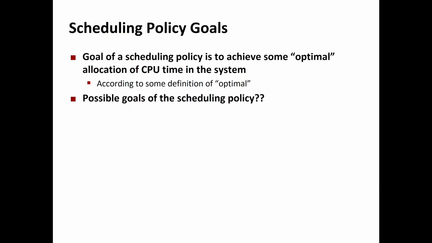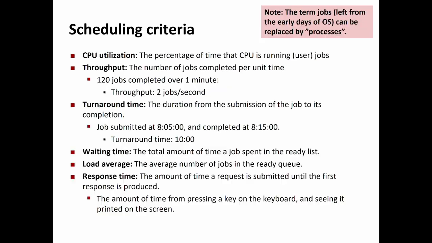Now, what are the policy goals? The goal of a scheduling policy is to achieve some kind of optimal allocation of CPU time in the system, because the CPU is the main resource of our computer system. But the question is, what do you define as optimal? To understand this, we need to set out the goals of the scheduling policy, because you want to optimize to serve these goals.